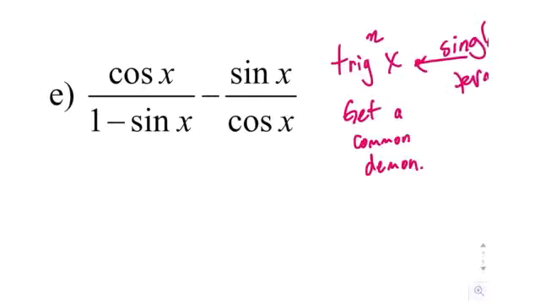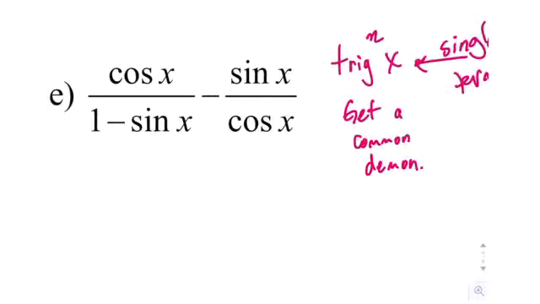No. Remember, the Pythagorean identities have to be squared. If this were 1 minus sine squared, we could call it cosine squared. But remember, you just can't take the square root of each term. So if they're not squared, you can't use the Pythagorean identities. You can't call 1 minus sine cosine. And certainly you can't call cosine plus sine 1. They have to be squared.